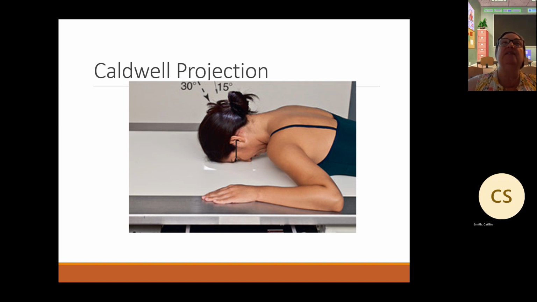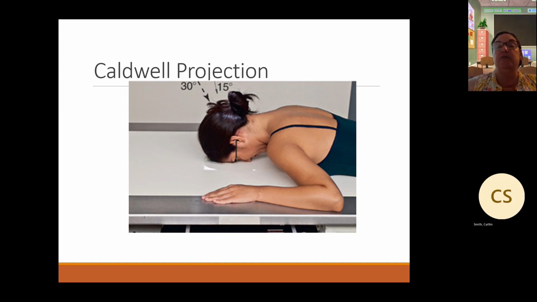A Caldwell and the lateral show all bones of the skull. Now, a Caldwell projection is done PA. The patient rests their nose and forehead against the table, and the orbital meatal line is perpendicular. The central ray is angled 15 degrees caudad, and it exits at the nasion.